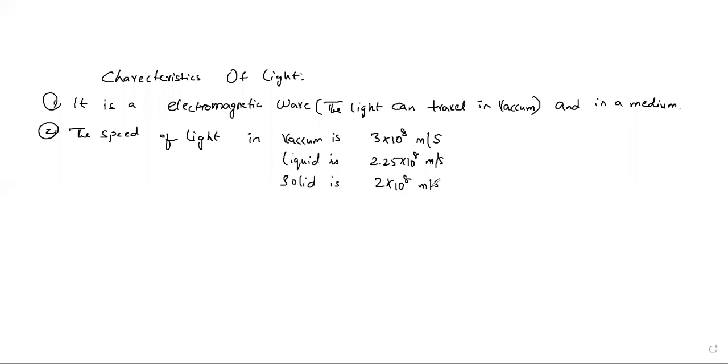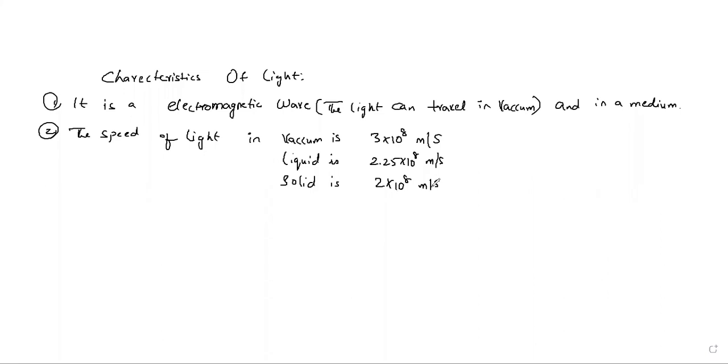Hello. Sir, can you explain one more time? Yes. See, light is an electromagnetic wave. It means that light can travel in vacuum and in a medium, like in the air, light can travel easily. Now, the speed of light in vacuum, vacuum means in air, will be 3 into 10 to the power of 8 meter per second.